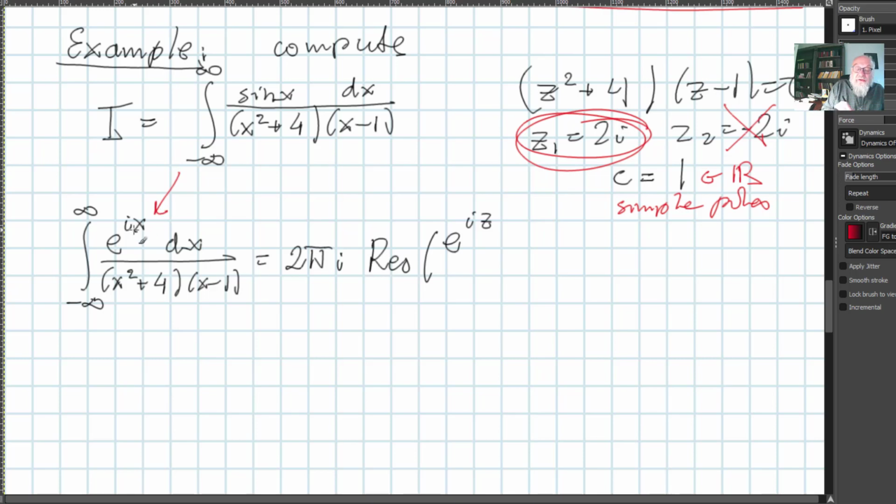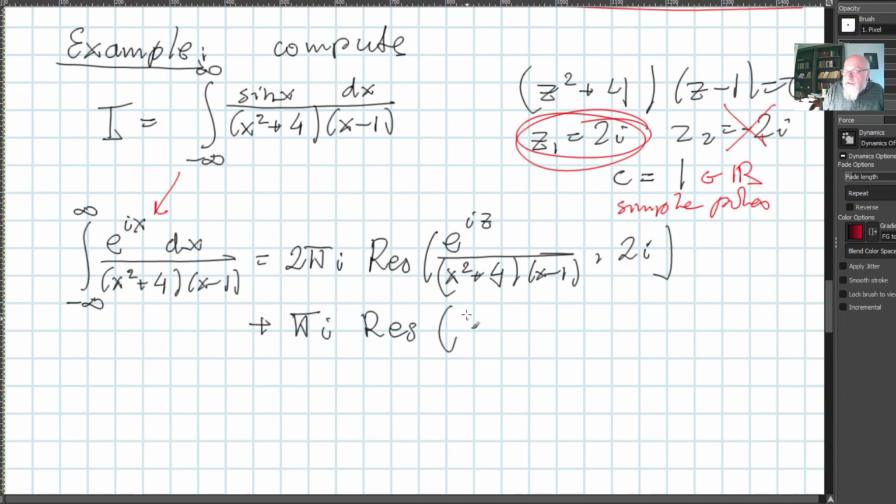So you have here e^{iz} divided by (z squared plus 4)(z minus 1), at the point 2i, and the remaining part is pi i times the residue of the same function, except you see now this is on the real axis, so there is no 2. Here is a 2, but there is no 2.